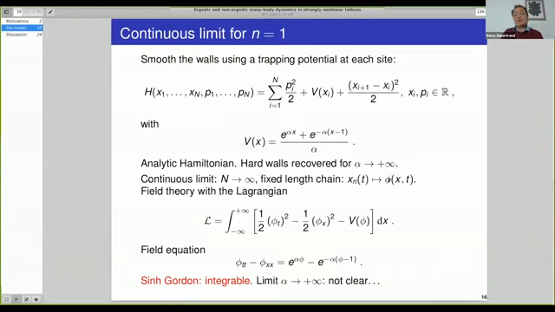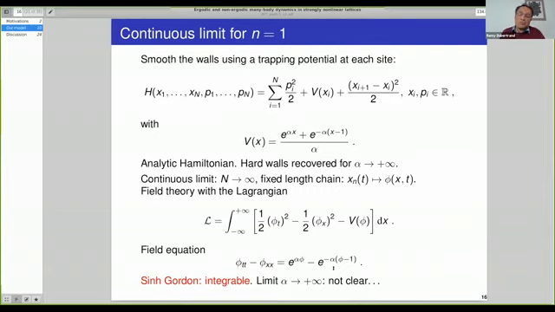And in particular, you can come up with a field theory defined by the following Lagrangian. And from this Lagrangian, you can write the Euler-Lagrange equation or directly write down the PDE associated to this model, which takes this form. So you can see you have something like the wave equation, and then you have exponential terms.